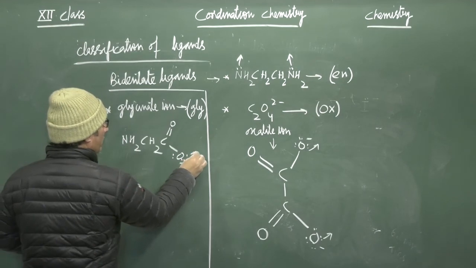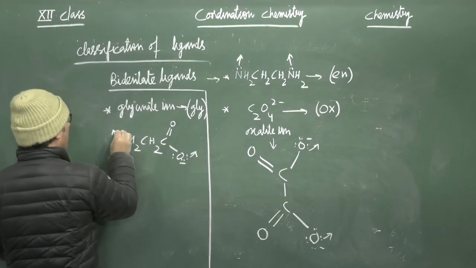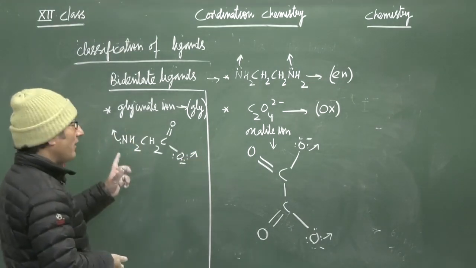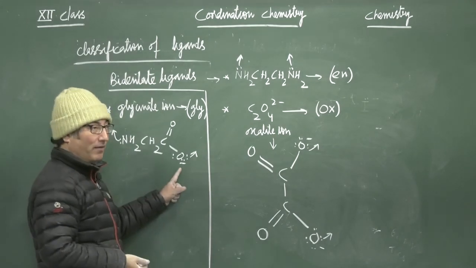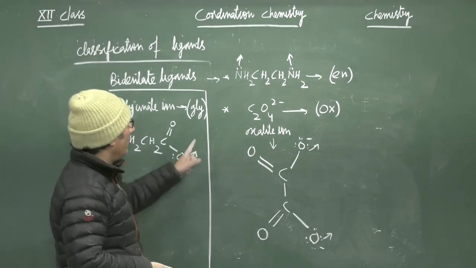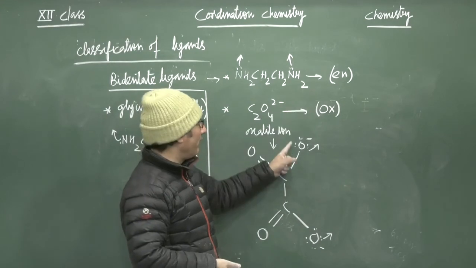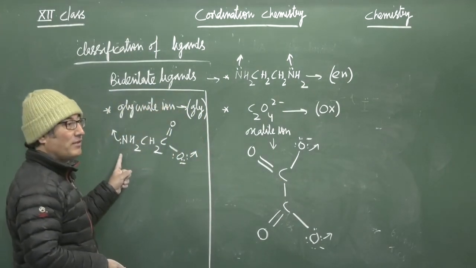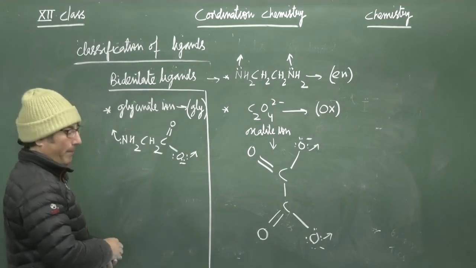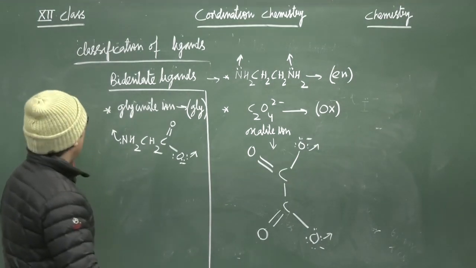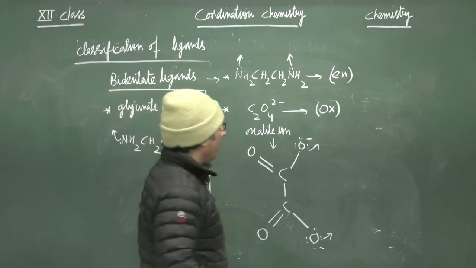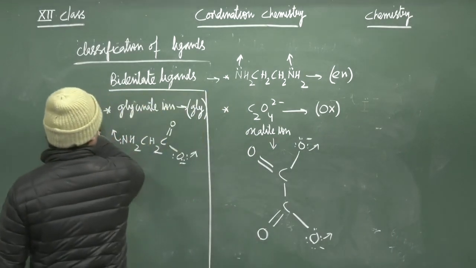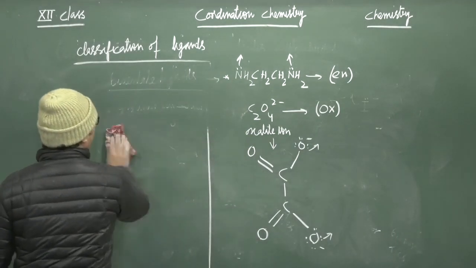This oxygen is one donor atom, nitrogen is another donor atom. So it's bidentate, but the two donor atoms are not the same. When they are the same, we call them symmetrical. But if the two donor atoms are different, they are called unsymmetrical bidentate ligands. Similarly, you can have tridentate, tetradentate, pentadentate and hexadentate ligands.